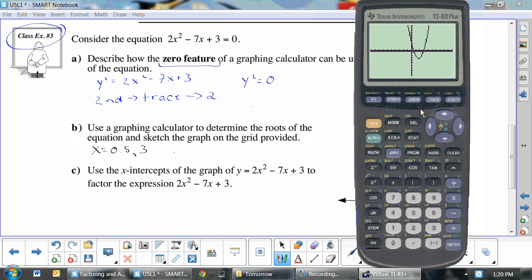Does everyone have 0 in y2? Y1 is the same, and y2 is 0 now.